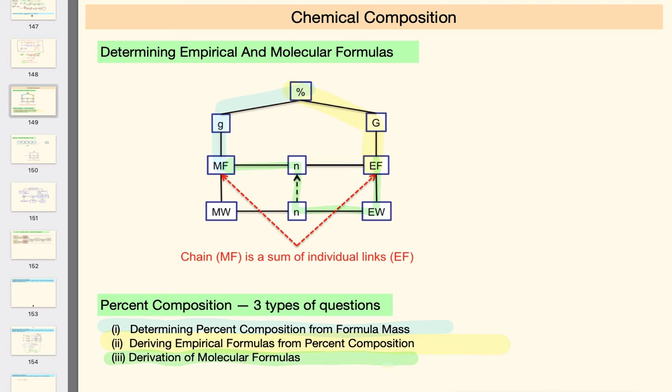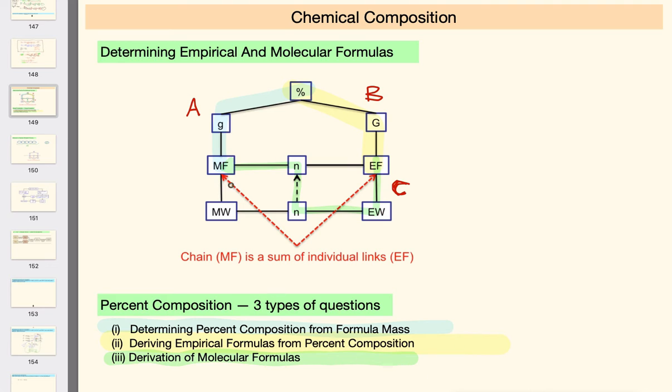This is really your type A problem, this yellow is your type B problem, and this last green area going from empirical formula to molecular formula is your type C. You'll want to know how to do each of those. On the exam, you'll probably have questions that are just that segment, just this segment, and then you might have one that goes all the way from here over to here. So actually the 4th type is a combination of B plus C.